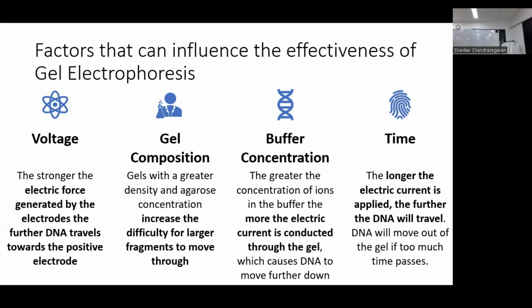Next is the composition. This is basically how dense the gel is, which impacts how fast the DNA fragments can get through. Buffer concentration basically controls how much current is then able to pass through the entire solution, which influences the movement of DNA fragments. And then time.